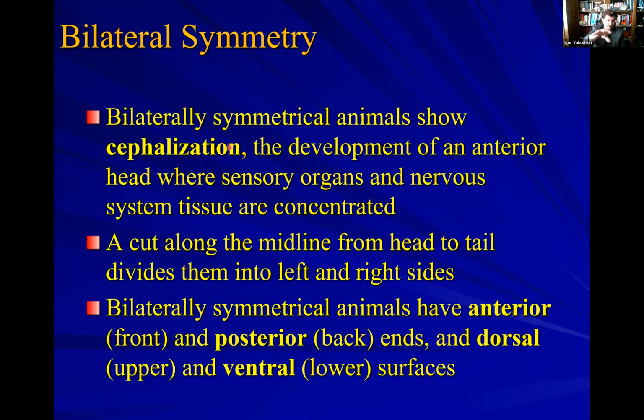We're talking about temperature sensors, smell sensors, light sensors, chemical sensors, which is taste and smell at the same time, essentially, and so on. Pressure sensors, pain sensors, etc. Those sensors will be predominantly found in the front end, because this is the first part which goes into the environment. You have to sense it.